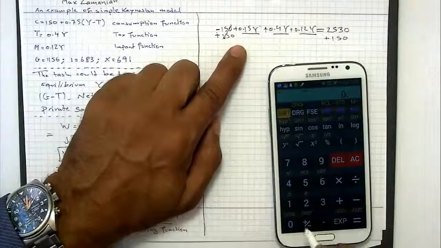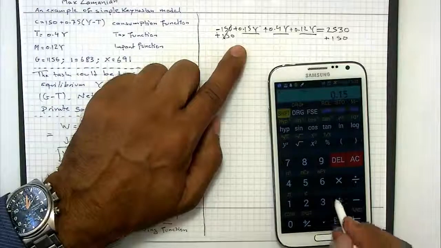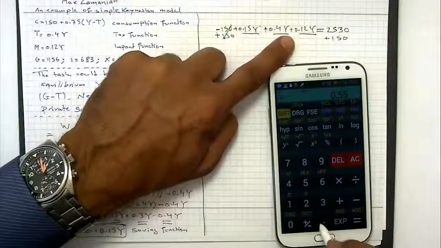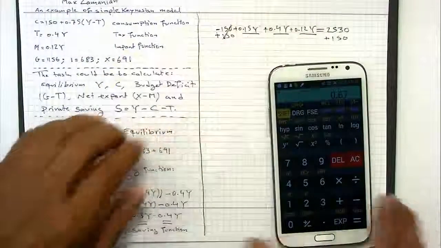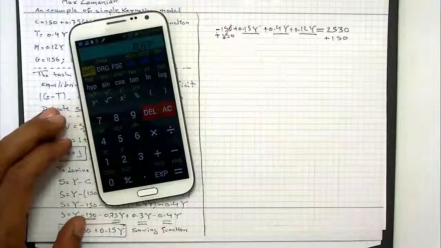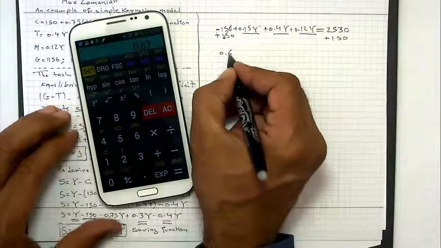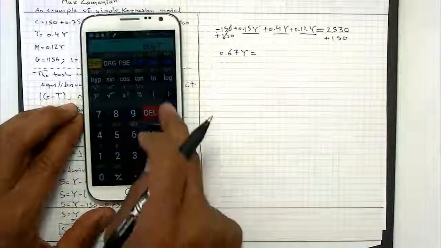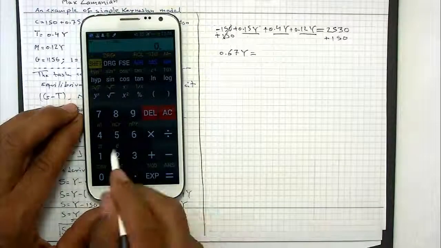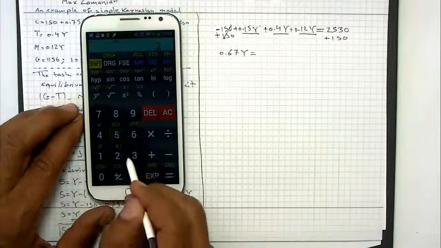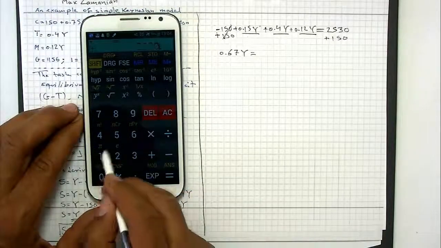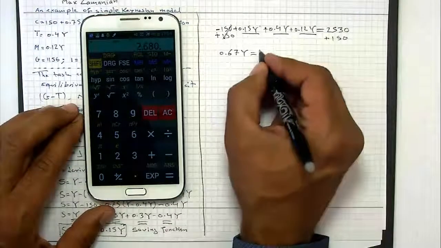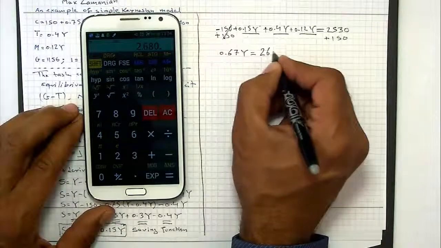So I have 0.15 plus 0.4 plus 0.12. So total, I have 0.67 Y on the left hand side. On the right hand side I will have 2530 plus 150 I moved from the left hand side, which is 2680.